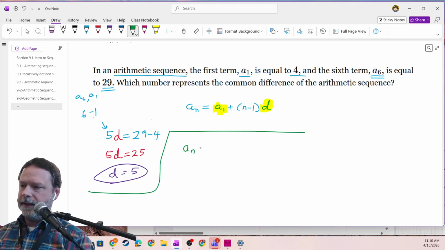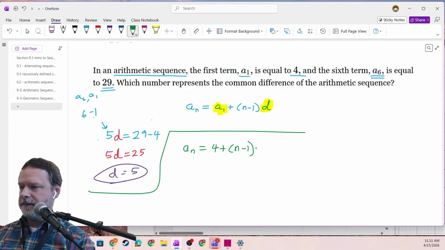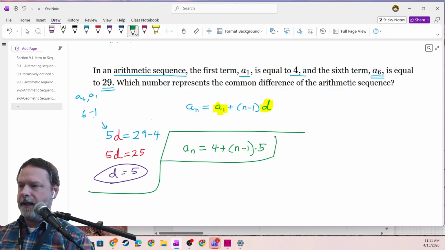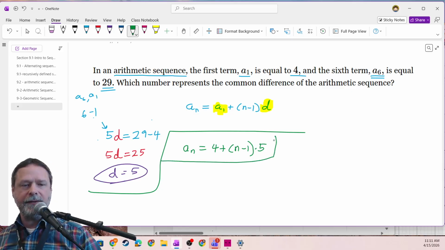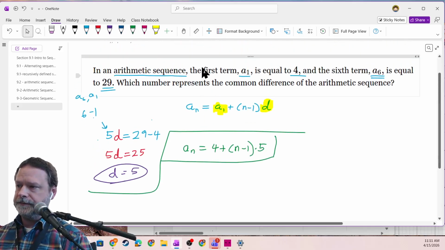And now, too, we'd have a sub n equals 4 plus n minus 1 times 5. And then, of course, I can simplify that if I want. And then I could find the 29th term, the 80th term, whatever. Piece of cake, right? What's another way to do this?